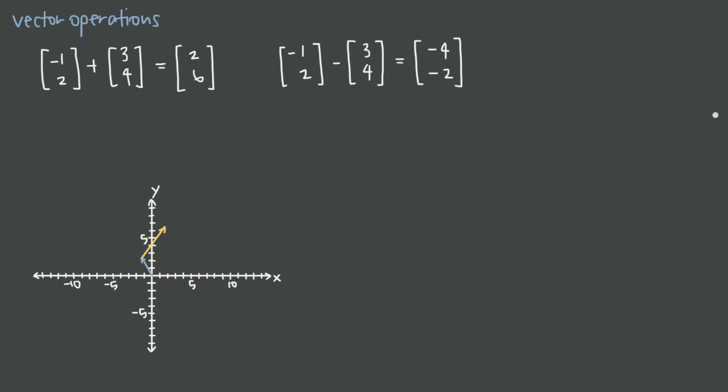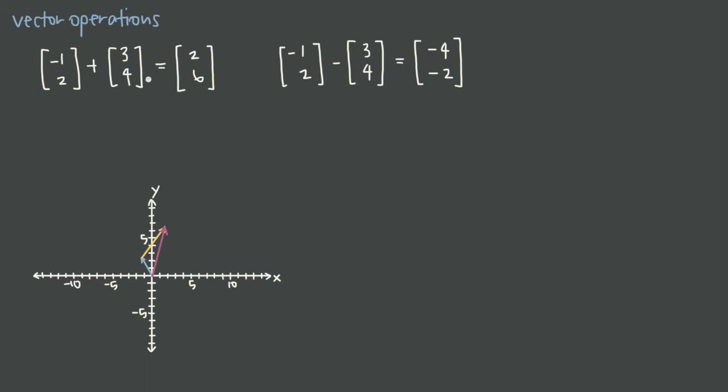And we can see that. So if we sketch in 2, 6 in standard position, we get a vector that looks like this, 1, 2, and then up to 6, looks like it's about right there. And we can see that we get the vector that connects the beginning of -1, 2 to the end of 3, 4. And we can do this in the opposite way as well.